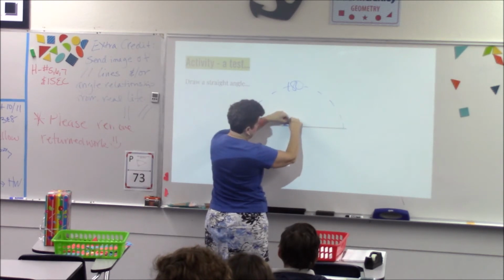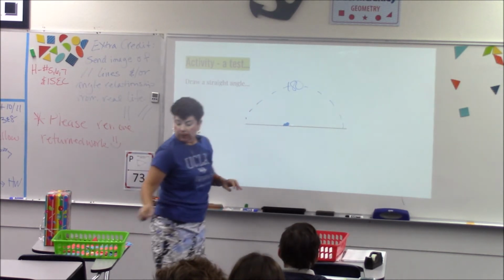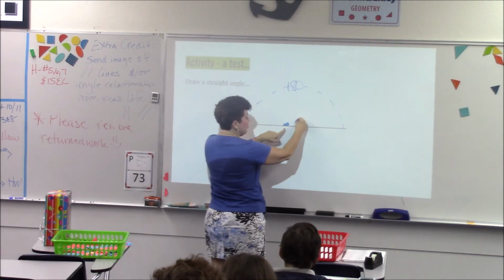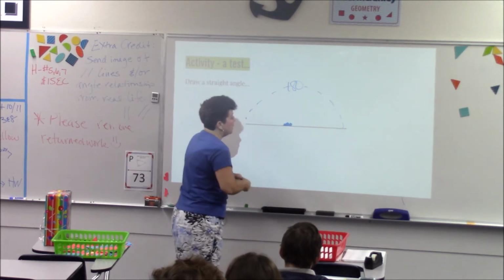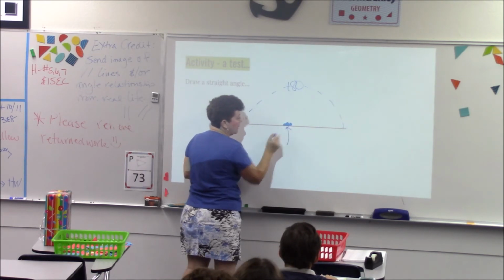I'm going to come around with tape. You're going to tape these onto your notes. Then you're going to take your third piece, put the vertex towards the center so that it touches the other two vertices. So all three vertices should be touching at one point.